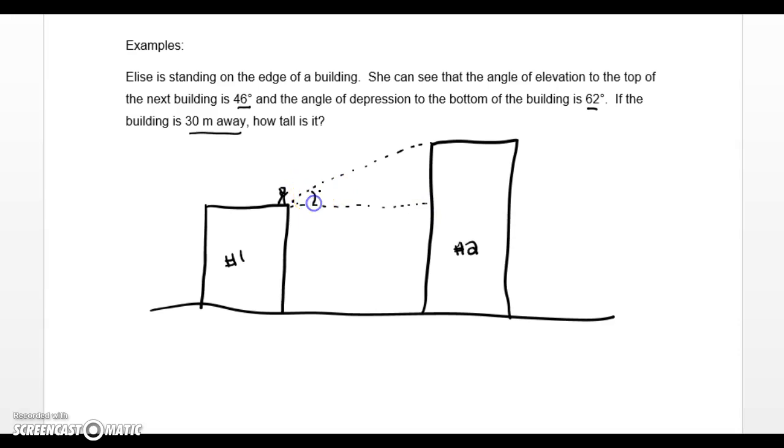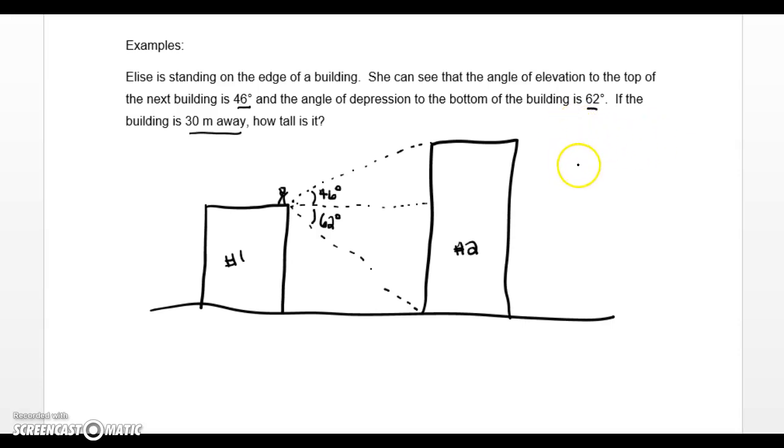And so this angle right here would be 46 degrees. And then we know there's an angle of depression, so we're looking down to the bottom of the building, which is 62 degrees. And same thing here, when we're talking about angle of depression and elevation, it's always in terms of some sort of horizontal line going up or going down. So this one here is 62 degrees.